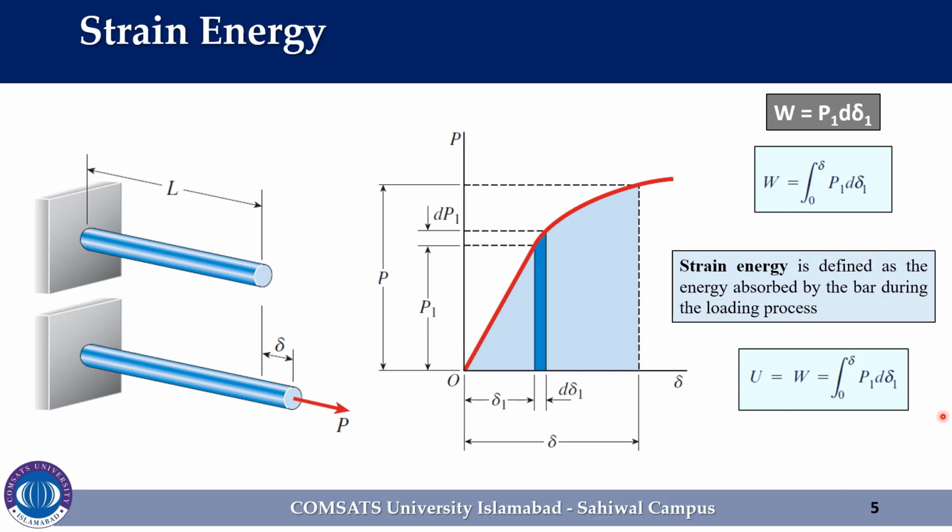In this equation, U is the symbol for strain energy. Sometimes strain energy is referred to as internal work to distinguish it from the external work done by the load. Work and energy are expressed in the same units. In SI, the unit of work and energy is the joule, which is equal to 1 newton meter.